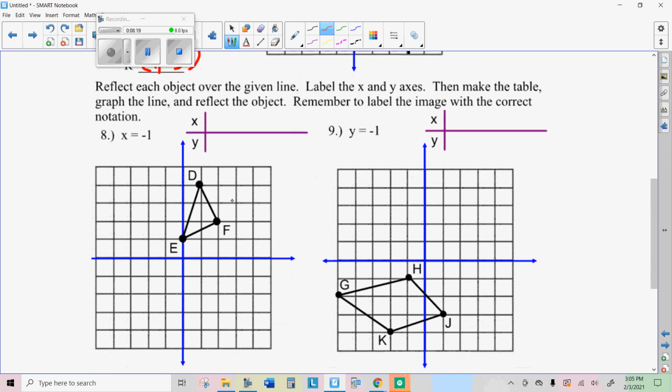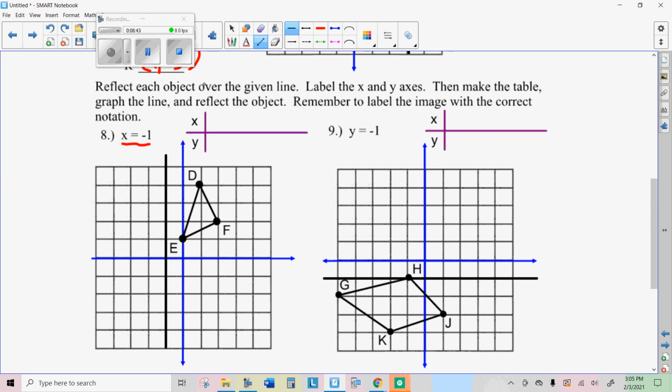So let's just make sure we got these lines correctly. We're gonna reflect across the line x equals -1. That line is right here because we're going right through -1 on the x-axis. It's a vertical line. Y equals -1 is this line right here.